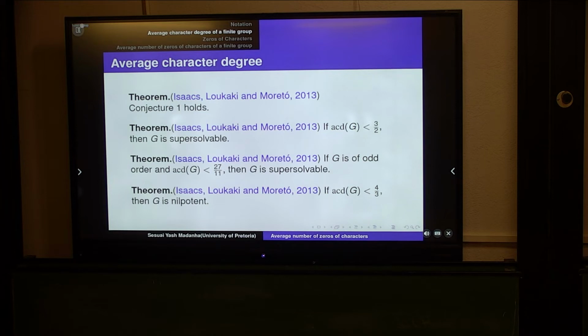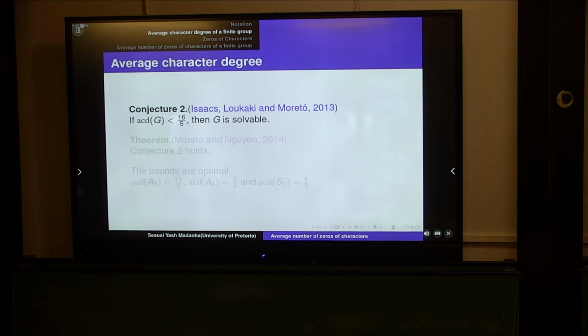In that paper they also conjectured that the bound for solvability should be 16/5, which makes sense because the average character degree of A5 is 16/5. And then in the next year, Moretó and Nguyen proved that the conjecture holds.